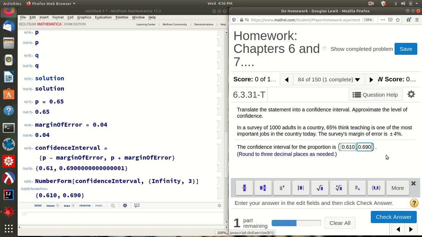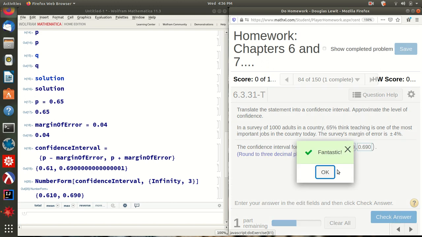It may not always be exactly 65%. There's going to be some variability because different people have different opinions. Okay, and then we have to figure out the percentage of confidence, which should not be that difficult to do. Okay, that's correct.